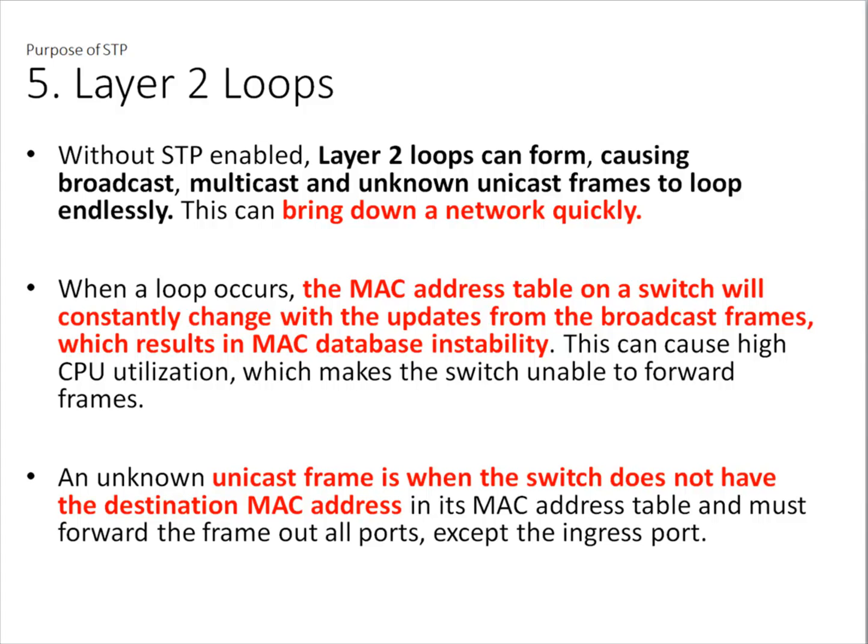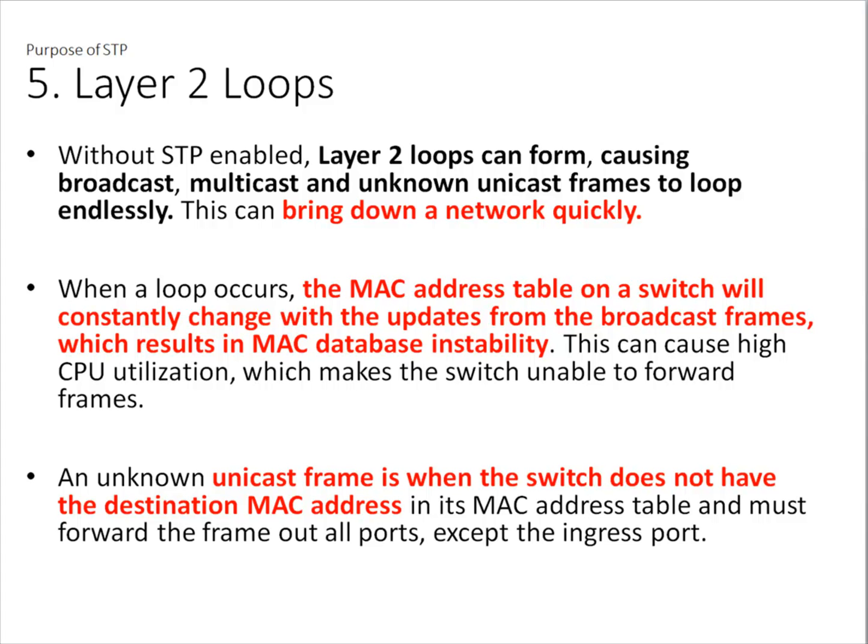Now we are going to the next one, layer 2 loops. Almost the same points are repeated here, as you can see in the previous slides. If there is a loop in layer 2, how is it going to affect your network?